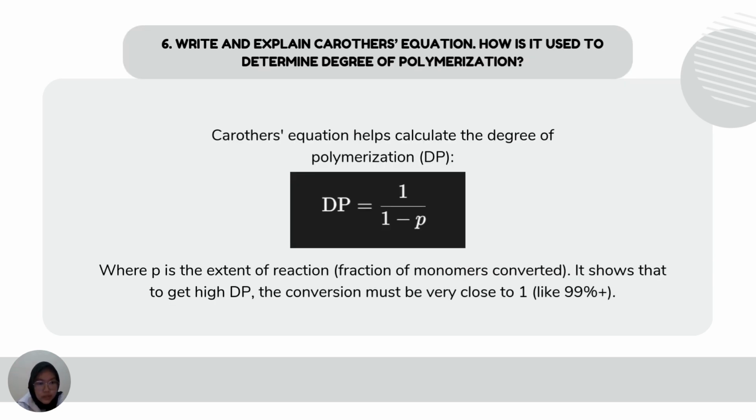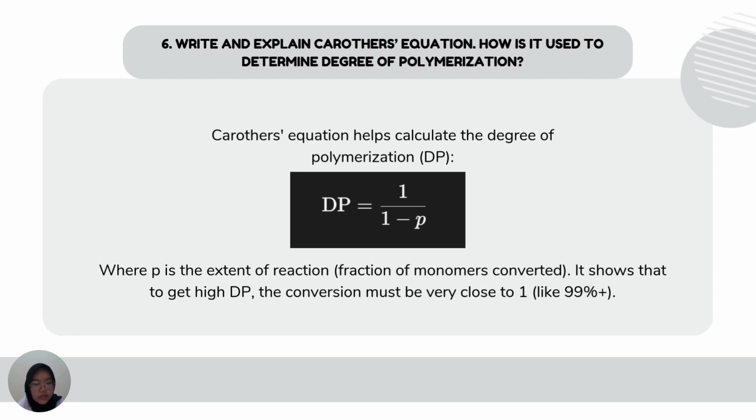Number 6, write and explain Carothers' equation. How is it used to determine degree of polymerization? Carothers' equation helps calculate the degree of polymerization, or DP.